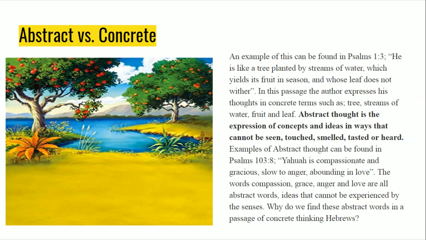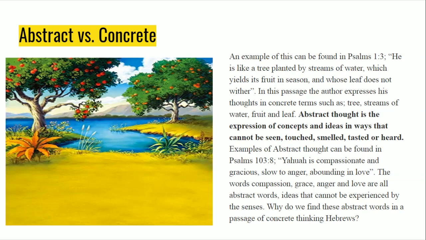So there's Greek thought, which is abstract, which is about like philosophy. And then there's concrete thought, which has to do with the senses, such as, like they say, to be seen, touched, smelled, tasted, and heard. All right, so an example of this can be found in Psalms 1:3.